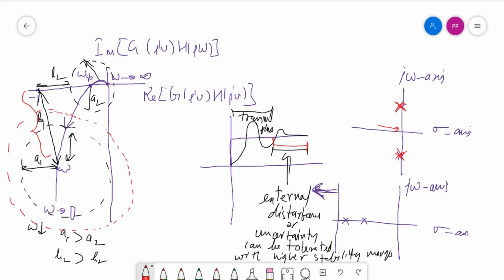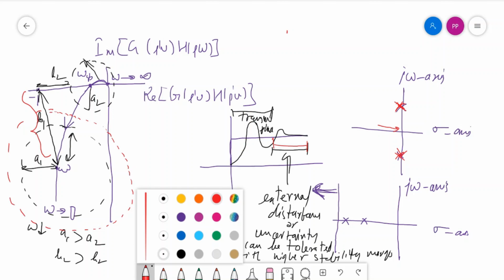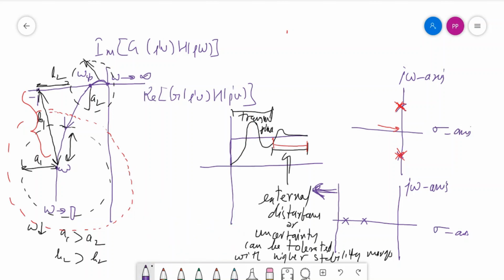The oscillation due to the presence of roots on the imaginary axis can be viewed like this.